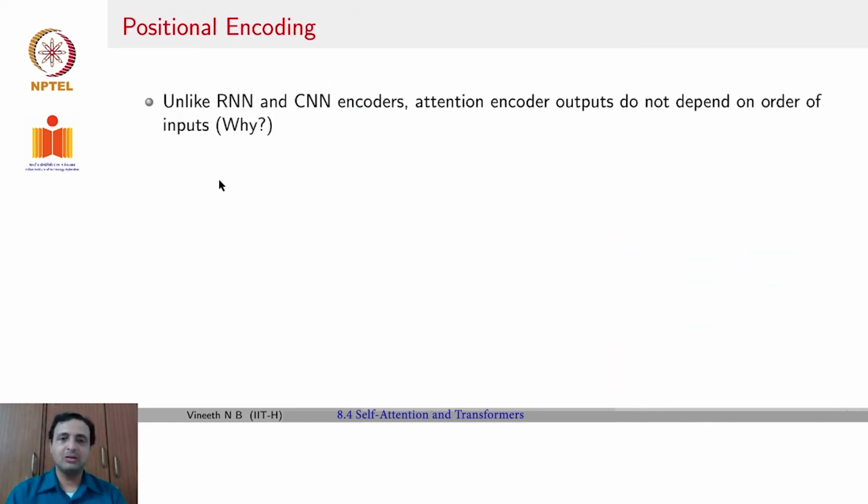A third component of the transformer's architecture is known as positional encoding. Unlike CNN and RNN encoders, attention encoder outputs do not depend on the order of inputs. Why? Because you can choose to focus on what you want irrespective of the order of the inputs.